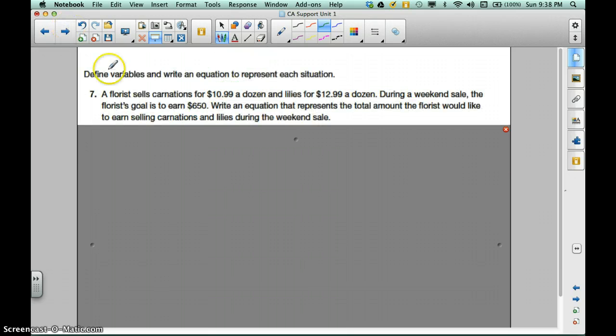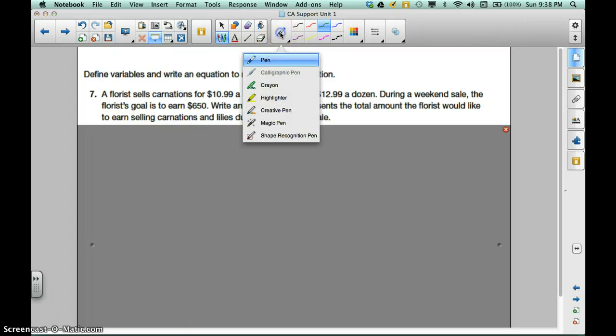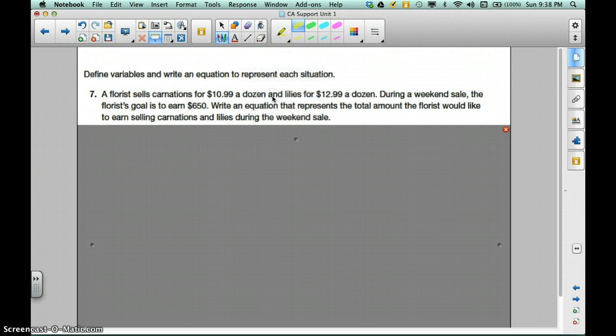Let's take a look at how we write an equation. So again, read the question carefully, highlight the important information. I have carnations for $10.99 a dozen and lilies for $12.99 a dozen. There's a weekend sale and the goal, and this is important, is to earn $650.